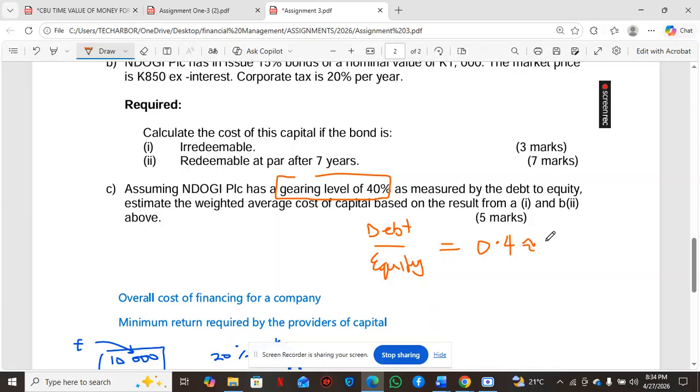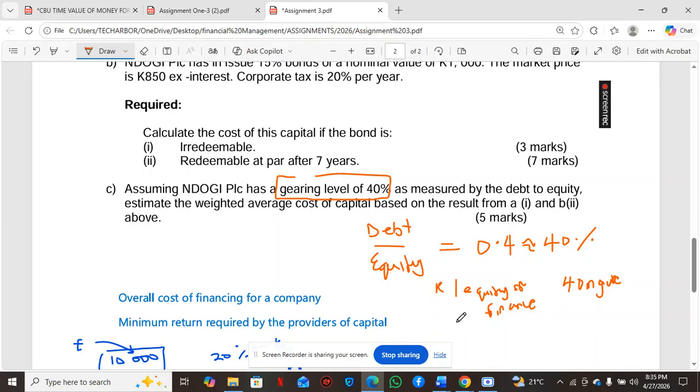So with this 0.4, which is also 40%, what this means is, for every one kwacha of equity financing the company uses, the company has 40% of one kwacha in debt financing.